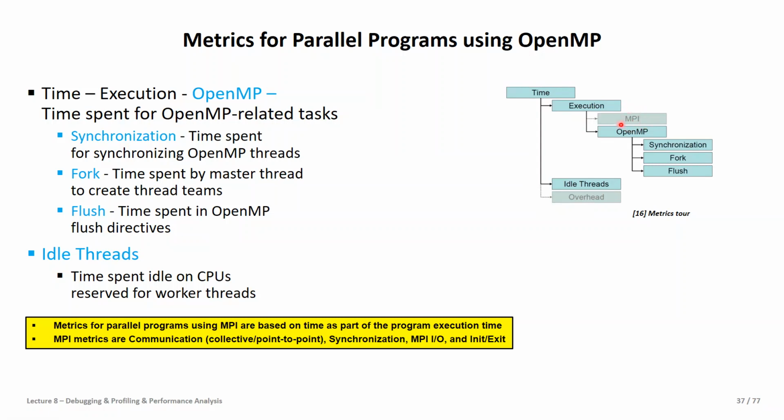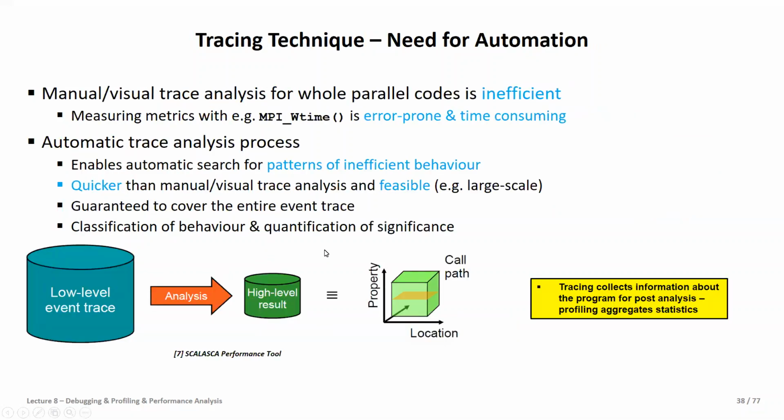I have the whole tree of MPI here as well, right? But when we go to OpenMP, we have synchronization methods, as you remember. We have the fork of actually creating new threads, and then also a flush and so on. Flush is also time spent in OpenMP. Flush directives we didn't really cover in our lecture 6, but don't worry about this. It's just an example of a certain set of tool sets.